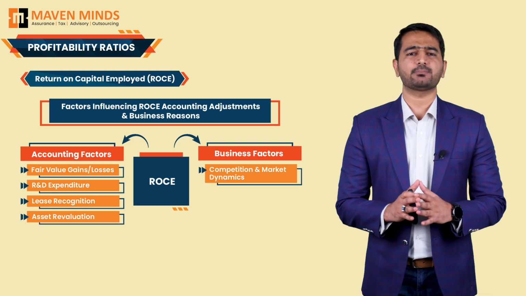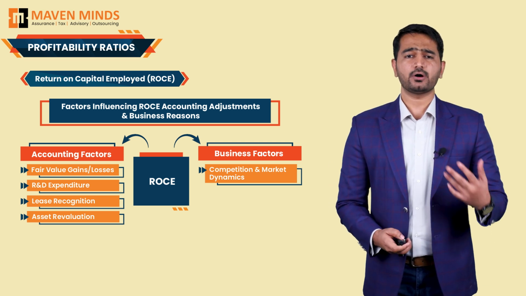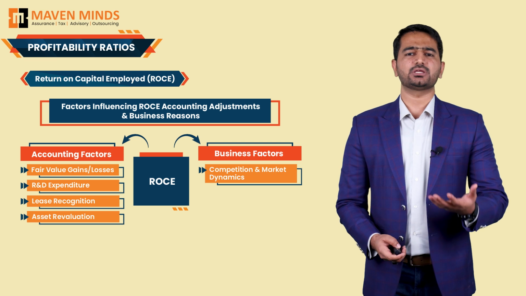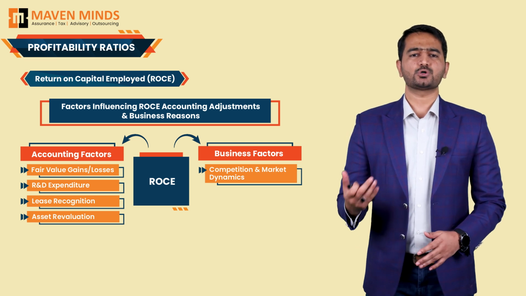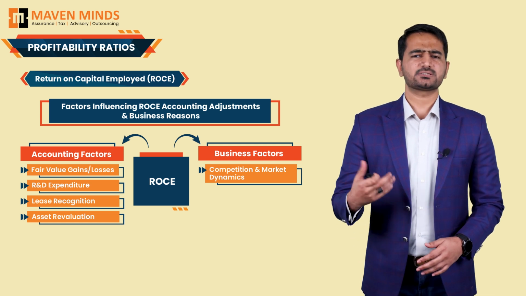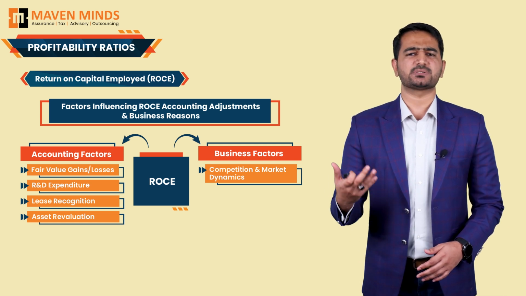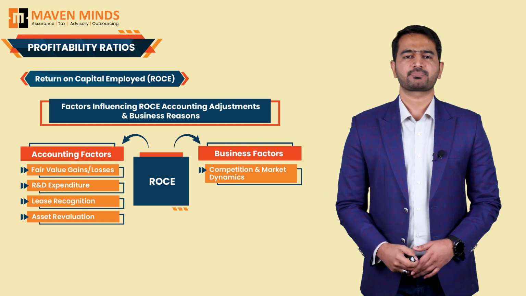Always check the exam question for any indication of increased competition or hints about the industry's competitive nature. For example, if the question states that the company is in the fashion industry, it's reasonable to assume that intense business competition might be impacting the financials.